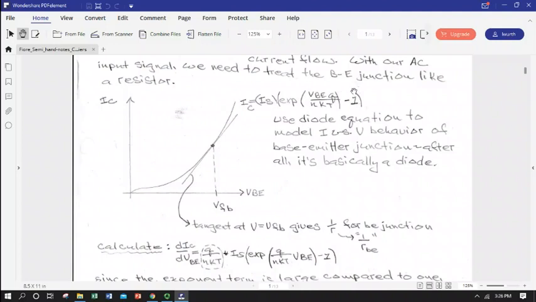But this equation should look real similar, and it's what we used to model our current voltage behavior of diodes. So it's back to our exponential relationship.